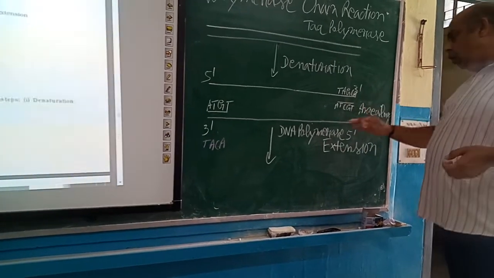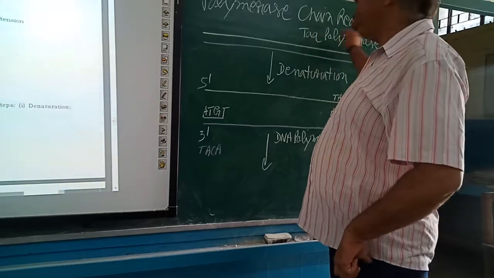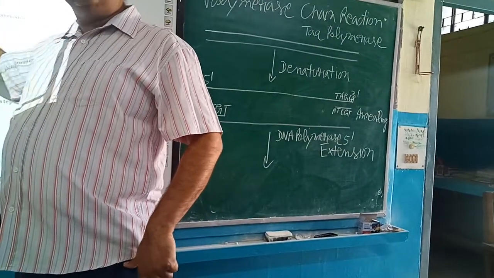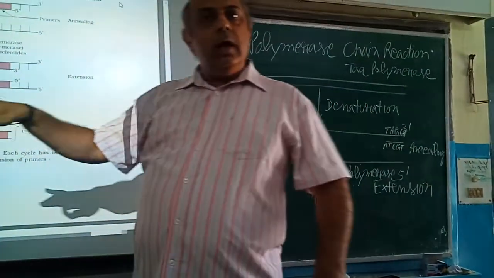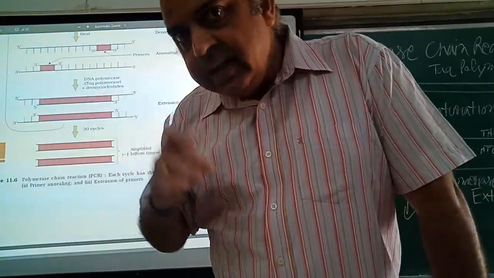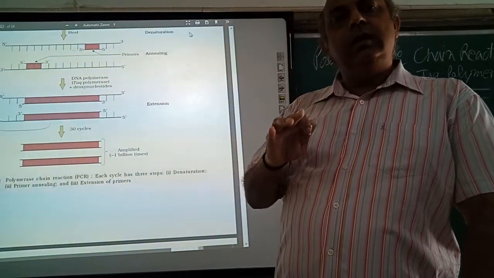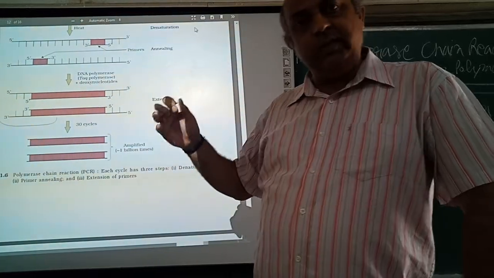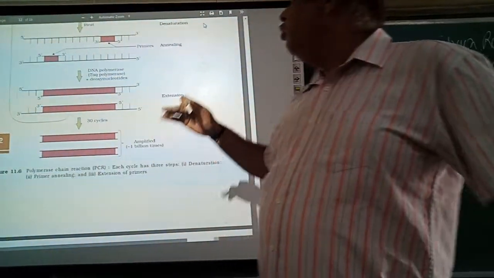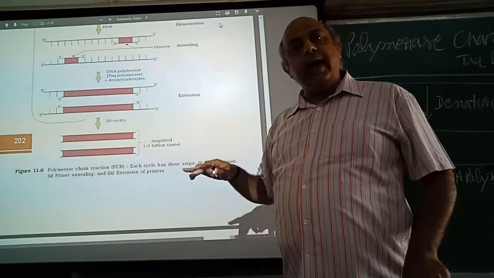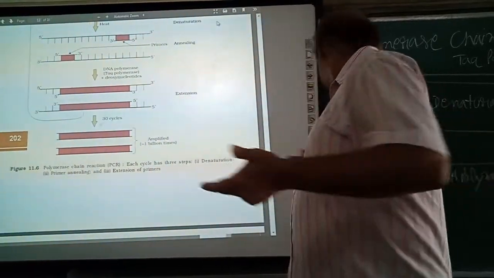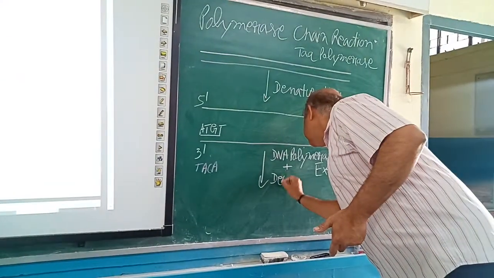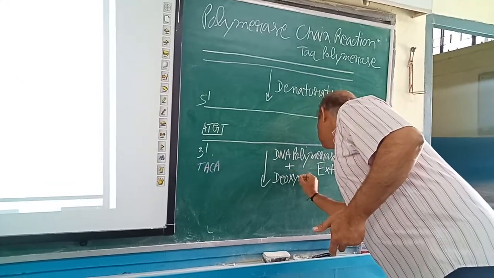Along with the DNA polymerase, that is the Taq polymerase, we also need deoxynucleotides. You remember? When we have to do DNA synthesis, we need deoxynucleotide triphosphates. Over here also we need deoxynucleotides, but they should be triphosphates.